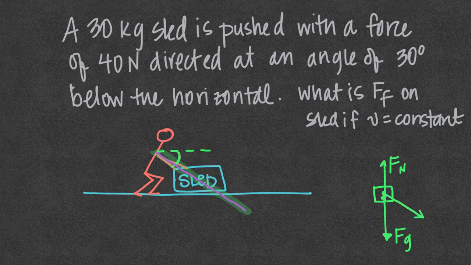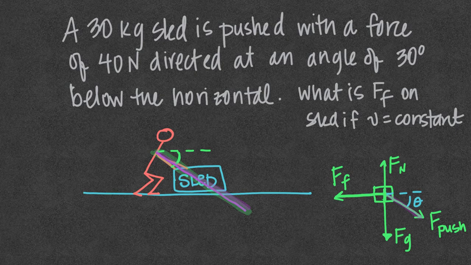So notice that this arrow here, this force push, is the same as the force that the person is pushing, that's down and to the right, but we're just drawing the section of it that is leaving the box. And then there would be a friction force backwards.